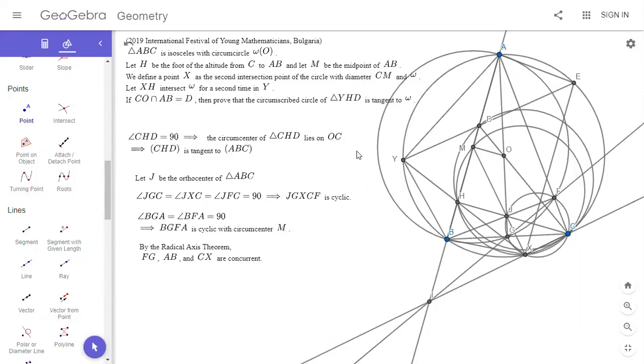Angle BXY is equal to angle BXA minus BX. What's BXY? BXY is BXC minus 90.